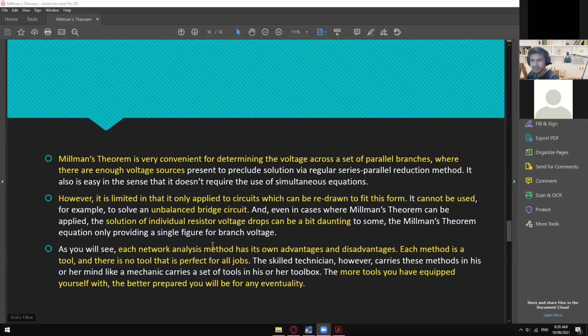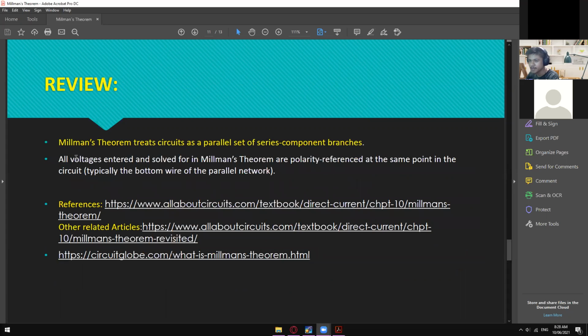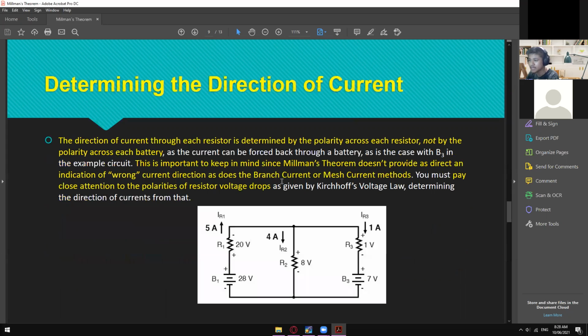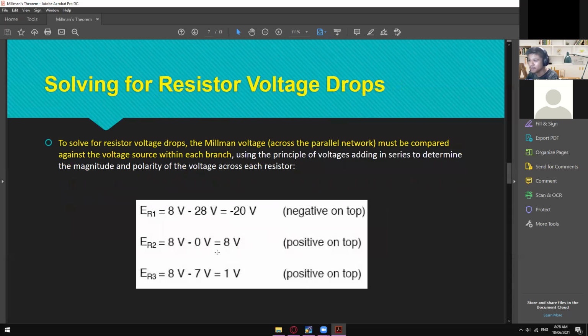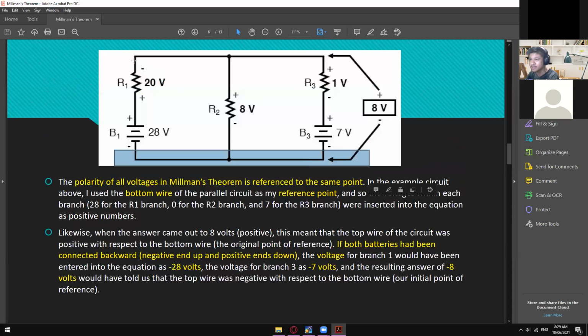All right. So any other questions, since we are already done with Millman's theorem? So again, all voltages entered and solved for in Millman's theorem are polarity reference. So this is where you are considering the symbols and your flow of current. When you see polarity reference, we're talking about the reference of your entire circuit.